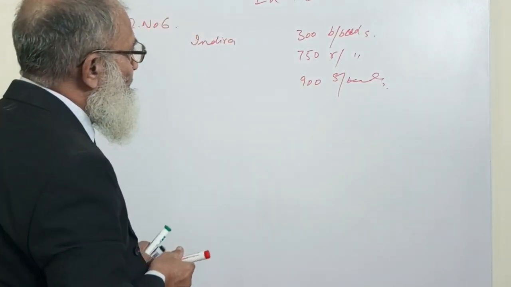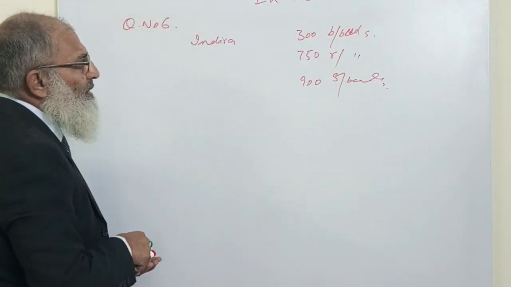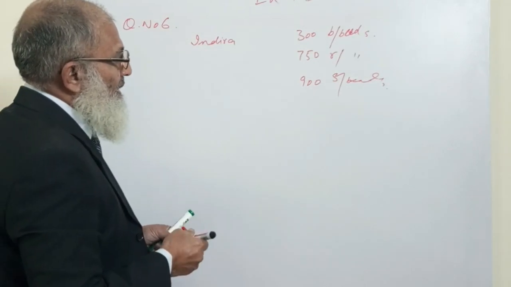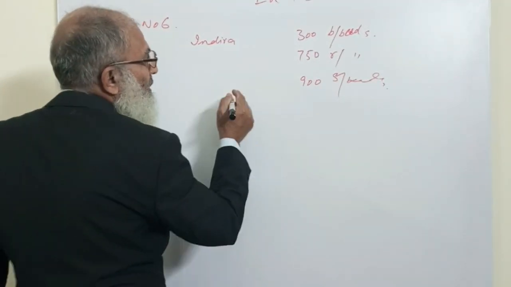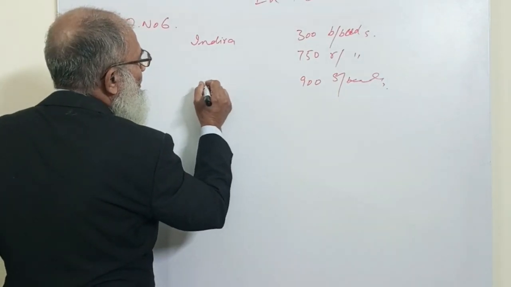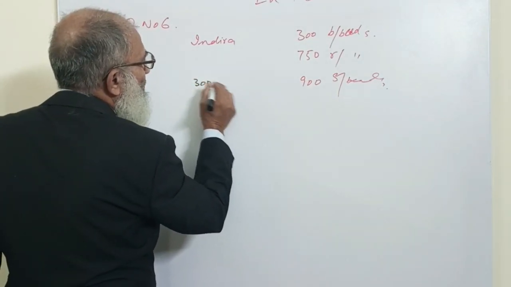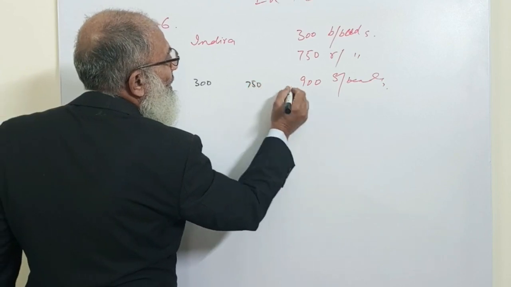So again what we do, we simply come to the working part of the question, and that is 300, 750 and 900.